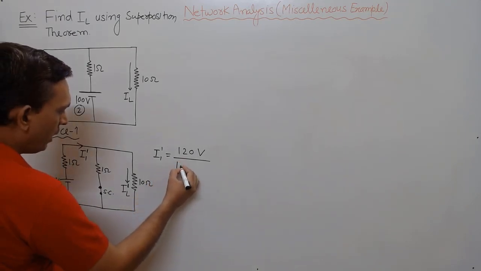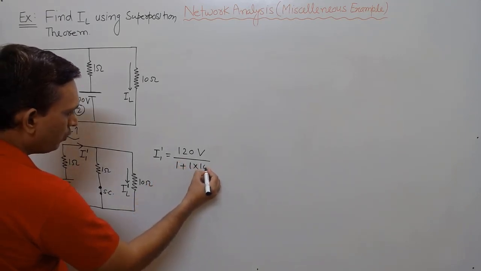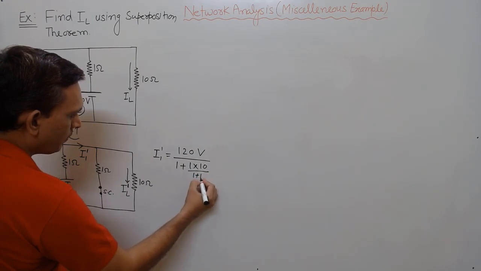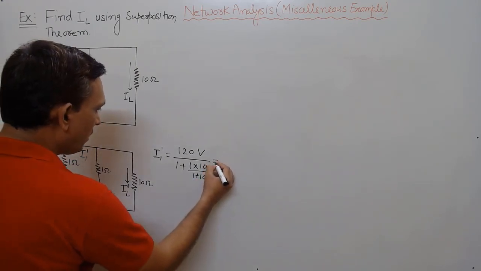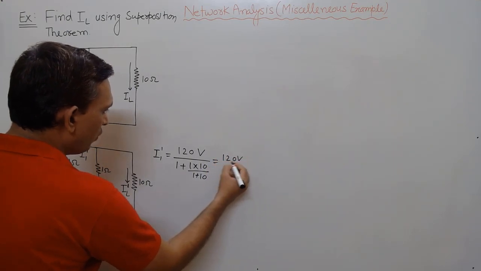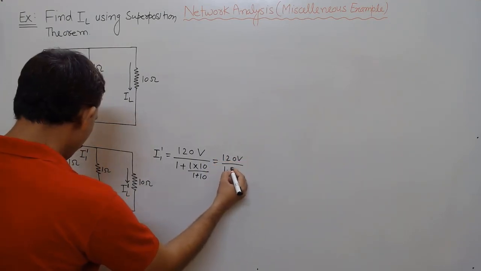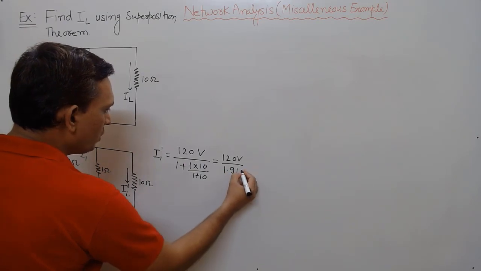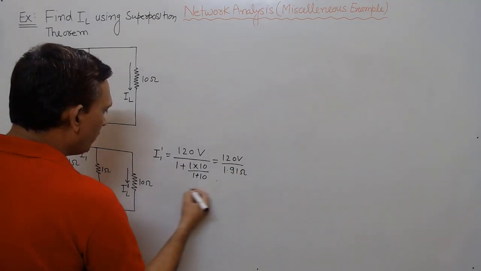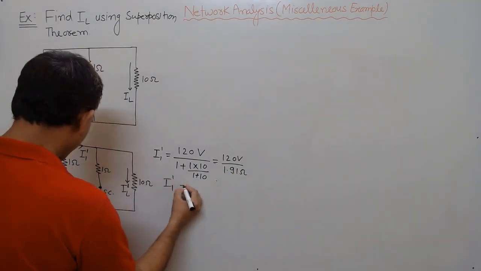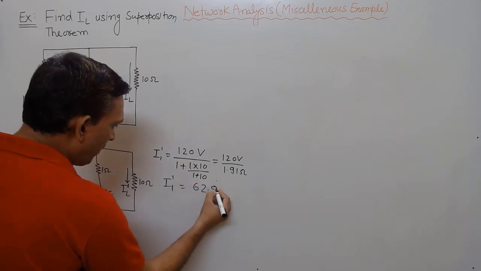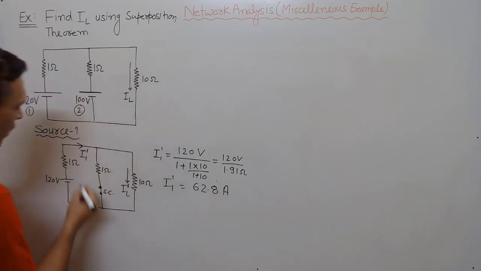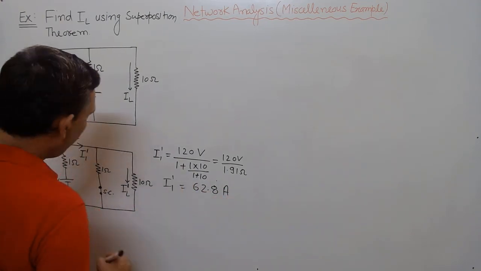So this will be 1 plus 1 into 10 by 1 plus 10. If we solve this, this is 120 volt by 1.91 ohms. So I1 dash is 62.8 ampere.